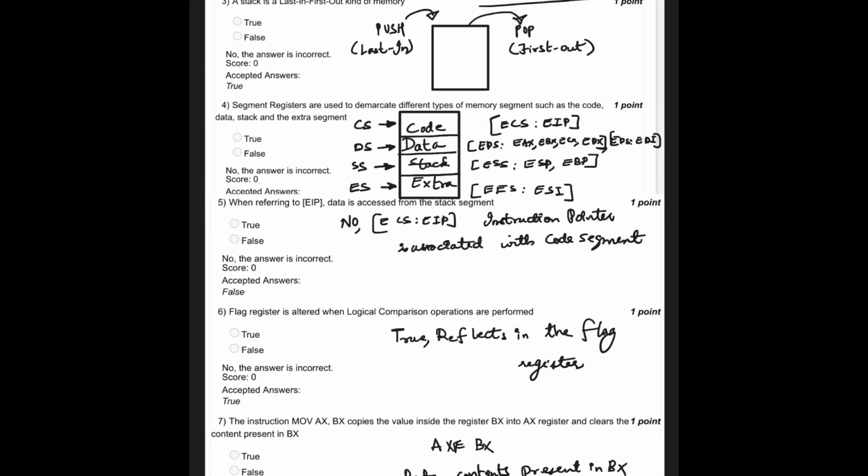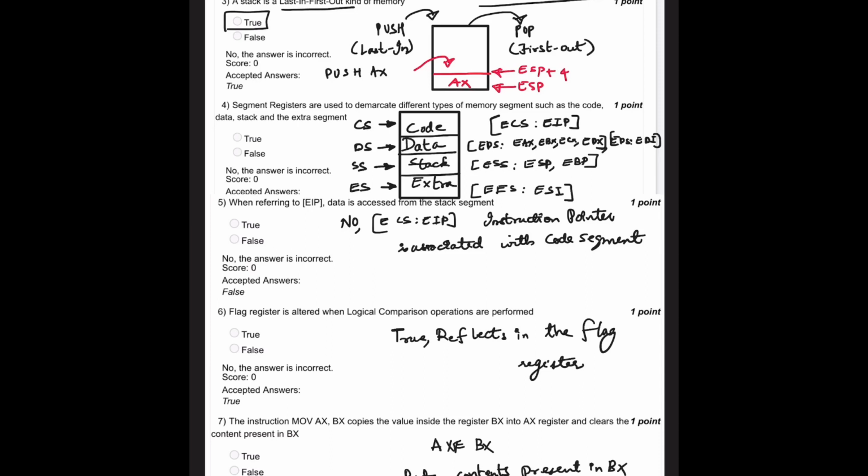A stack is a last in first out kind of memory. So this is true. Okay, let's look at how this is true. So what happens in a stack is, let's say we do push AX. So what happens? AX gets pushed onto the stack, and the stack pointer ESP goes up and it becomes ESP plus 4, right?